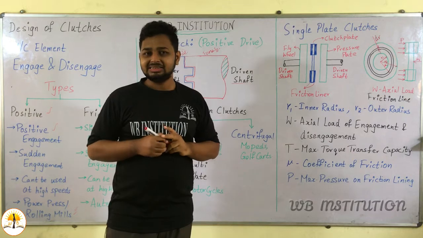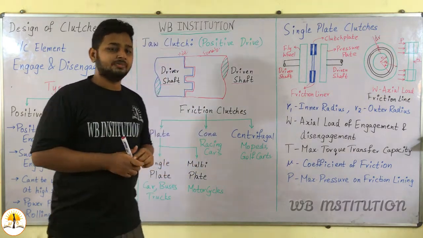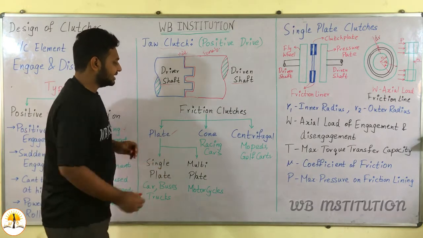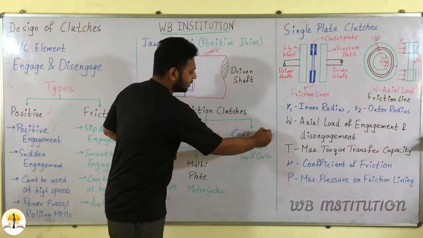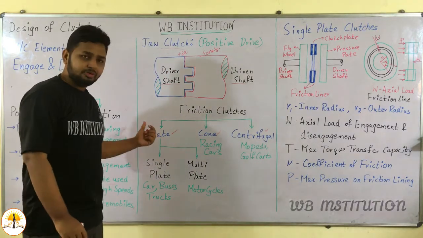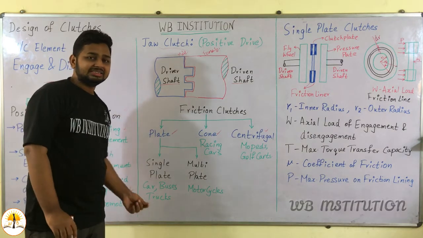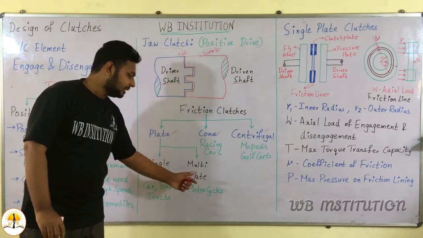The next type of clutches is friction clutches. These are mainly classified into three types: the plate friction clutch, cone friction clutch, and centrifugal friction clutch. The plate friction clutches are further classified into two types, single plate clutches and multi plate clutches.